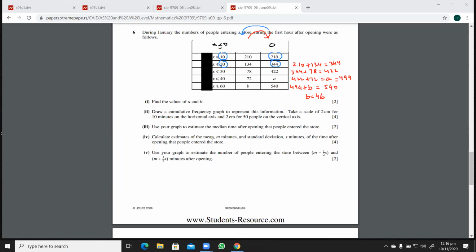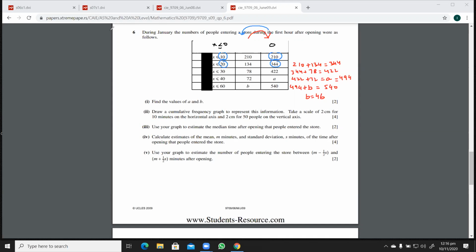Okay, then it says calculate estimates of mean. So we have to cover this topic in the next week. So I'm just going to leave this up to the third part. I believe you people can find the median. Yes? Yes, sir. So median would be against 540's half, that is 270.